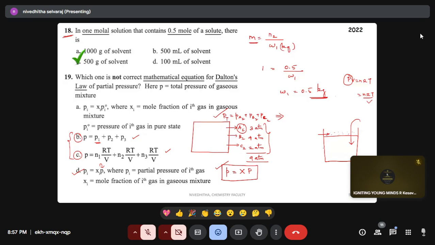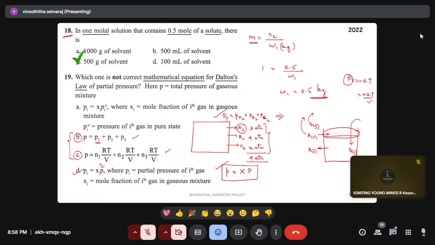Let us say this is A liquid, and definitely I'll be having the vapors of A on the surface, into which I'm dissolving the gas B. So definitely I'll be having the gases of B on the surface. So here I have two vapors, one due to A and another due to B, right?